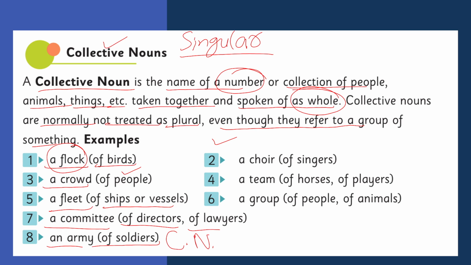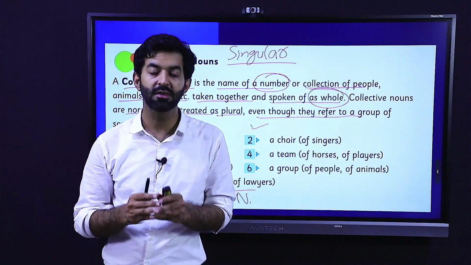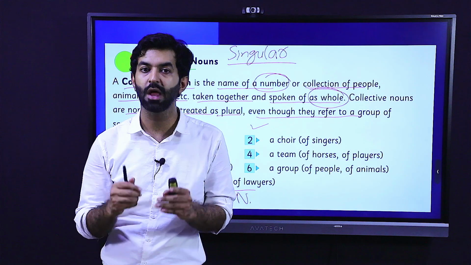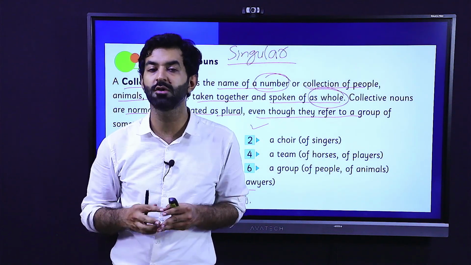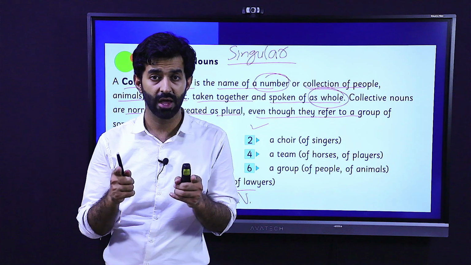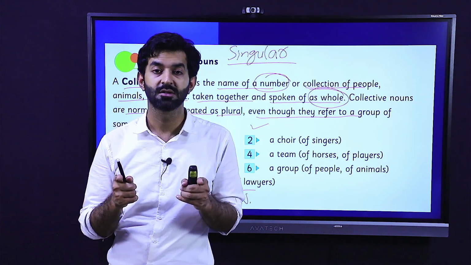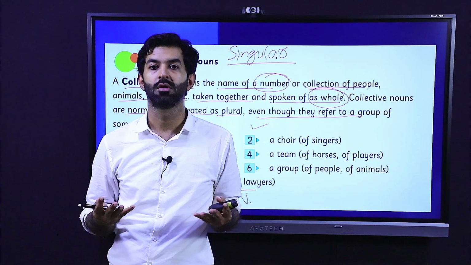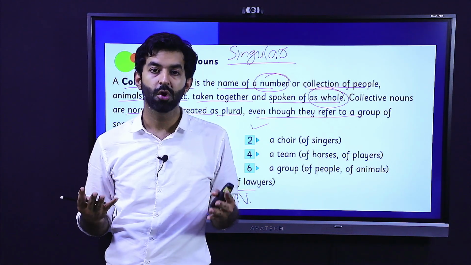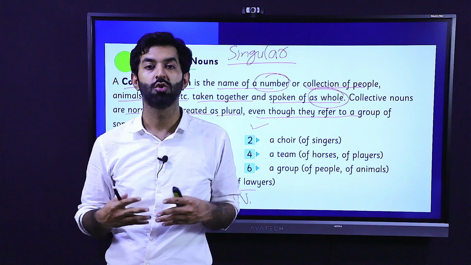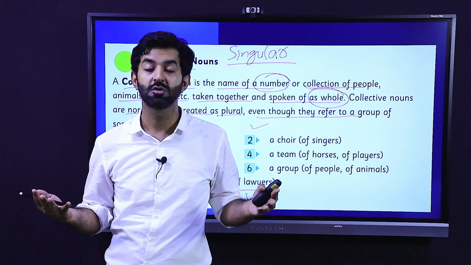Just give it a quick look, write them down and memorize them. Now, can you come up with your own collective nouns? Yes, students, class is a collective noun. Why? Because in a class there are numerous and different students.